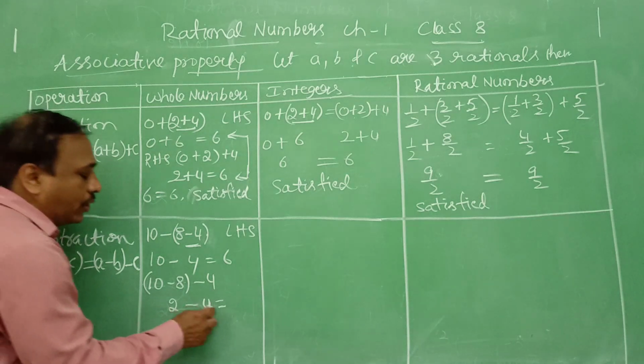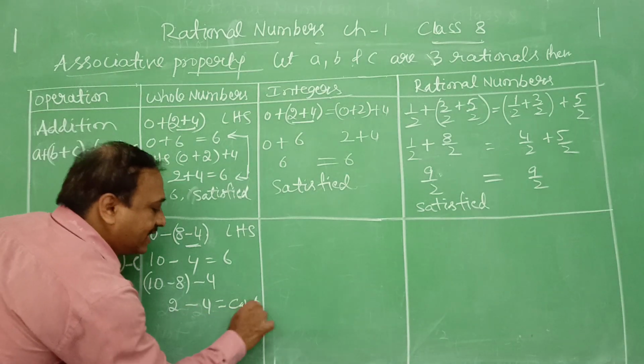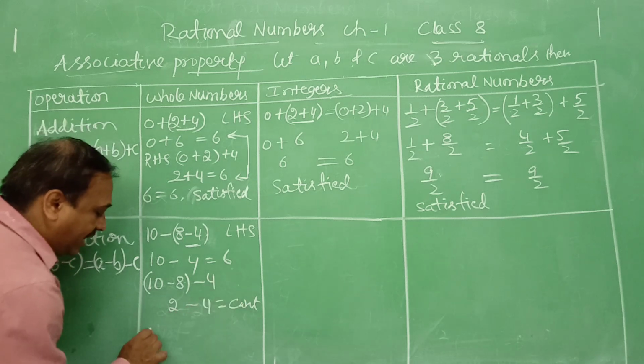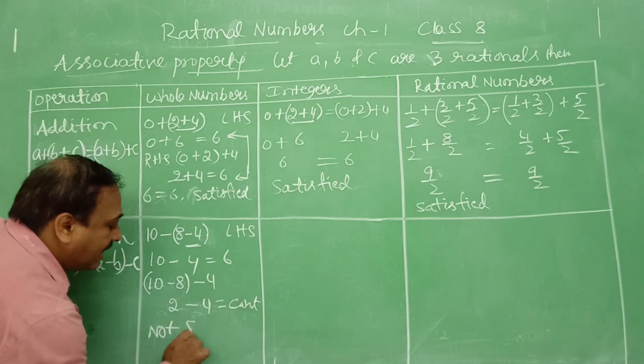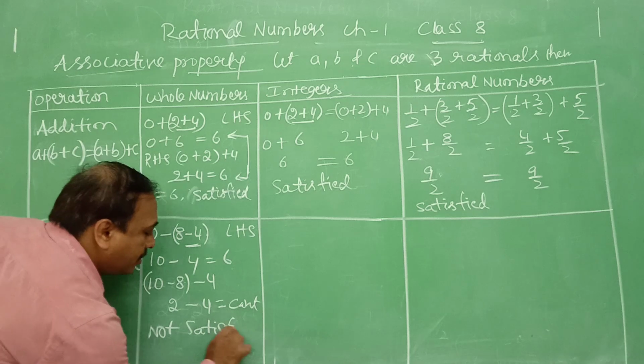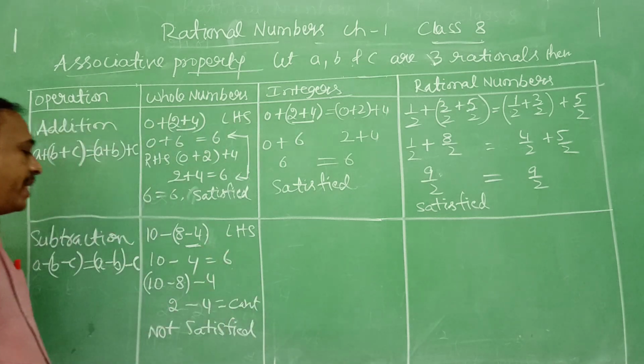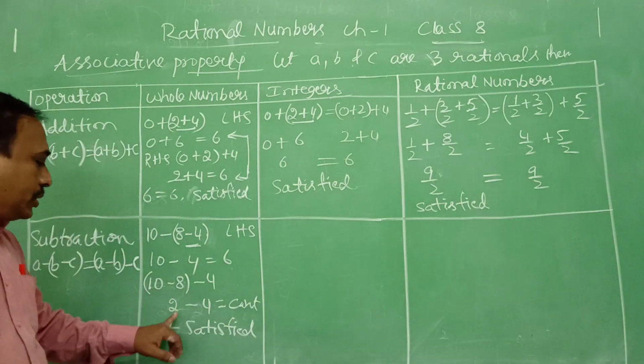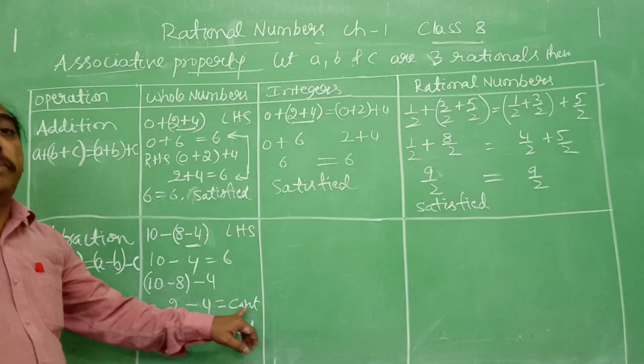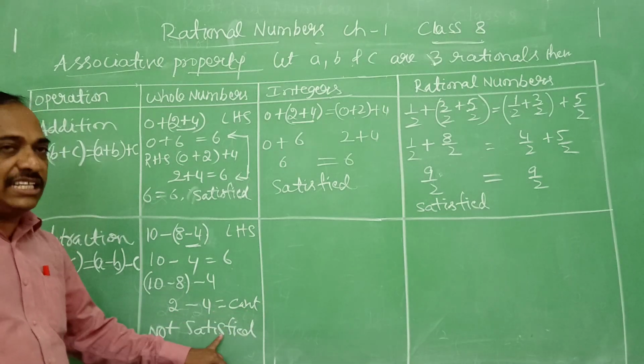So 2 minus 4 can't be done under whole numbers, so they both are not equal. Not satisfied. With integers, 2 minus 4 we get minus 2, but it is not satisfied.